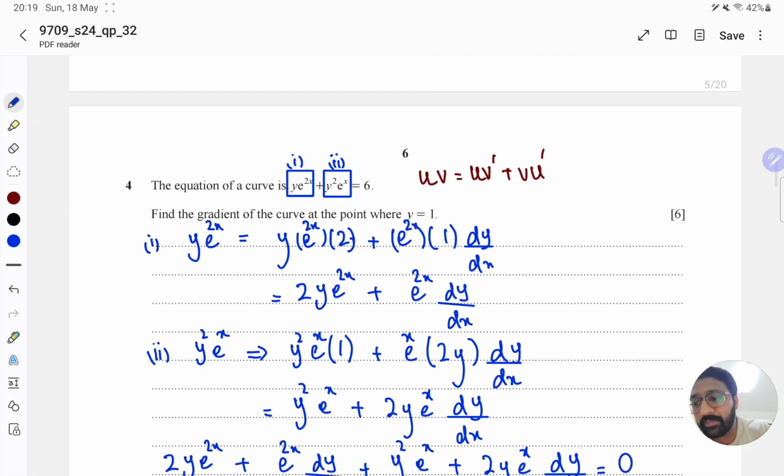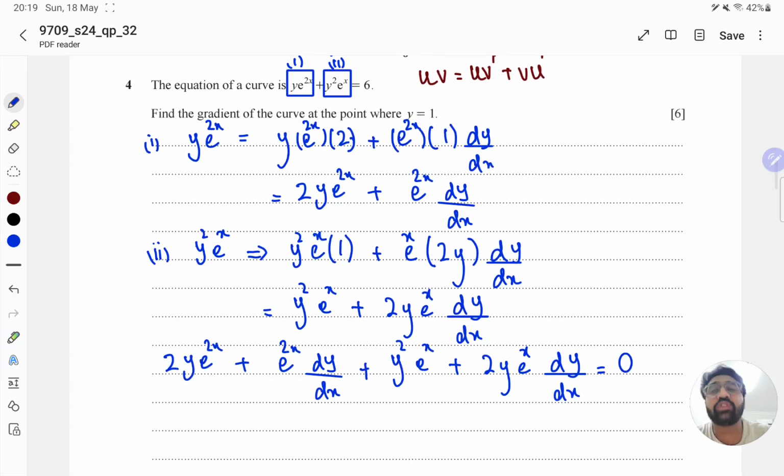Now after that, we know that the value of y is 1, but we don't know the value of x. So to find out dy by dx, we also need to have the value of x.